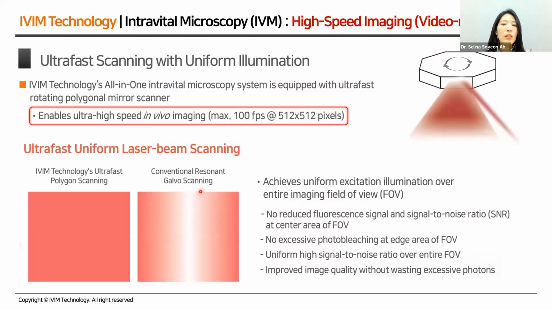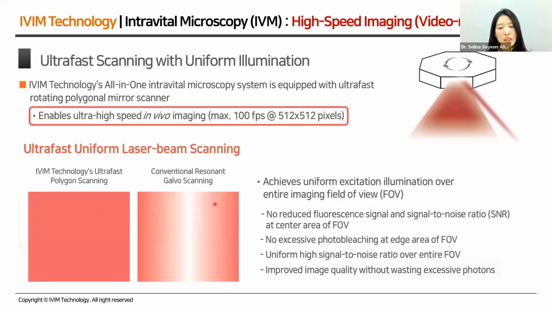And also it can achieve uniform excitation illumination over the entire imaging field of view. Thereby, we can acquire high quality images and videos at ultra-fast frame rate in real time. And this is very important to obtain high quality in vivo data from the live animal by compensating the tissue motion artifacts as well.